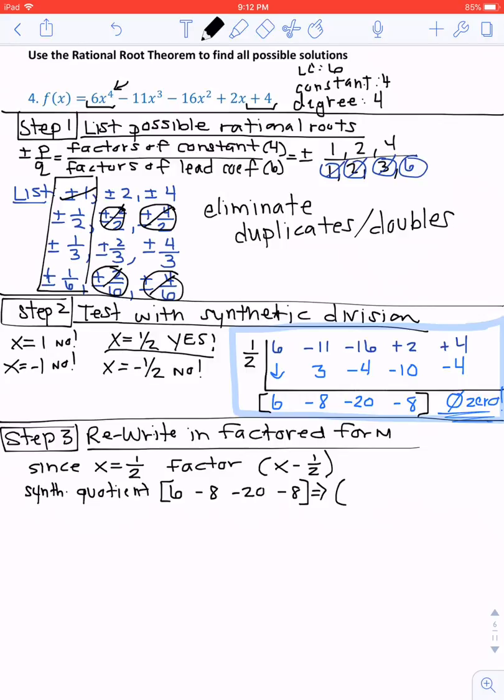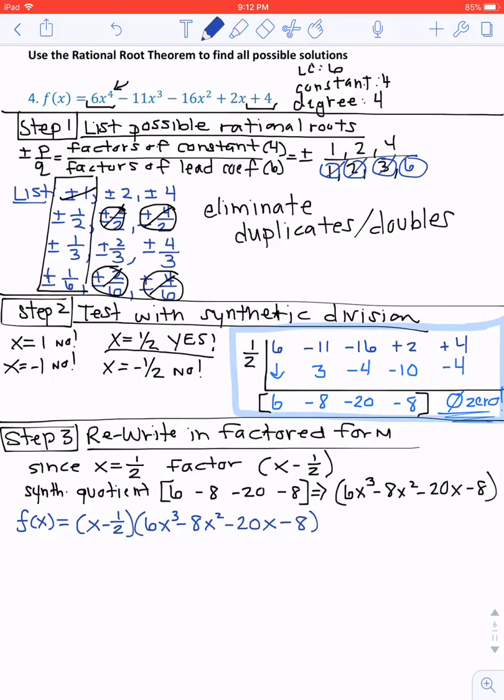We started with x to the 4th, so this represents 6x cubed minus 8x squared minus 20x minus 8. Factored form is if you write those with each other. So this is an f of x, so this function can also be written as x minus 1/2 times 6x cubed minus 8x squared minus 20x minus 8.